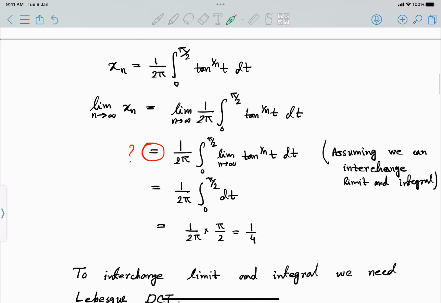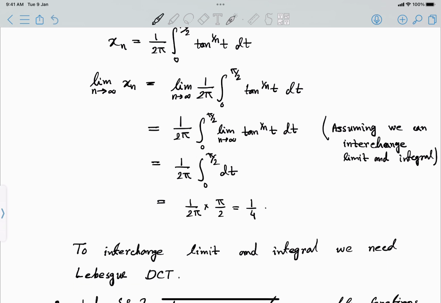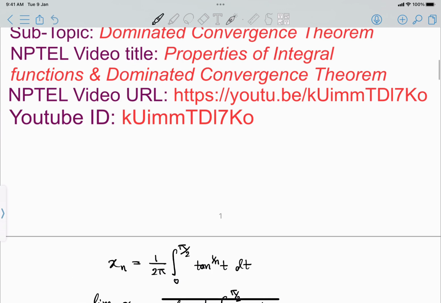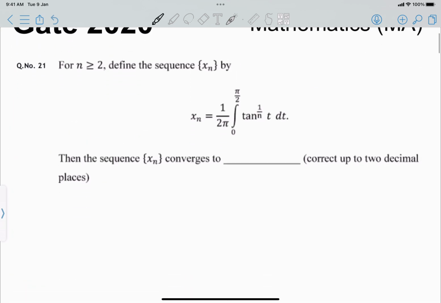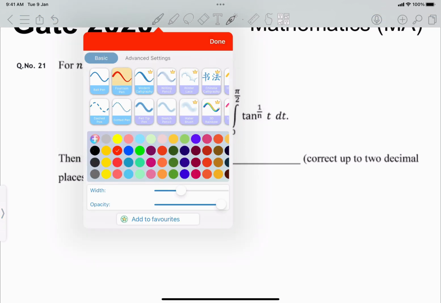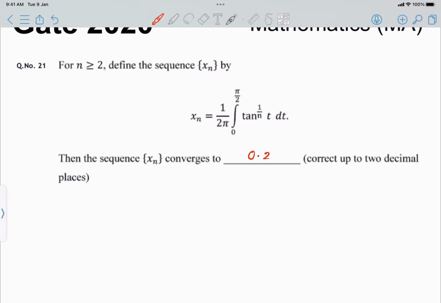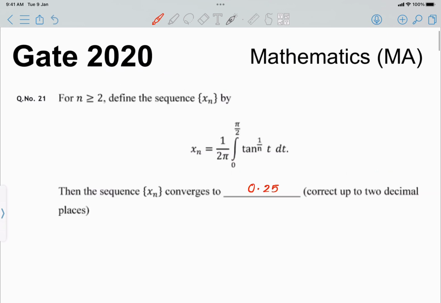So therefore we can interchange this limit and integral. So therefore this is fine, and we get this is 1 by 4, so this is 0.25 up to 2 decimal places. So therefore the answer is 0.25. Let me write it, 0.25. Okay.